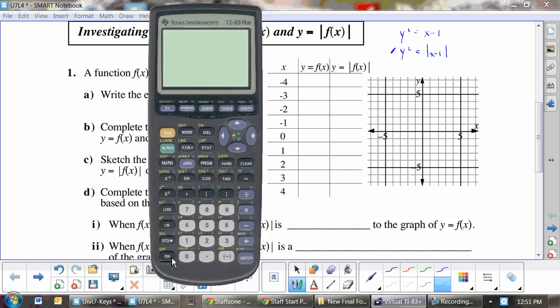And if you can't remember how to find the absolute value, you go to math, over 1, and then 1, x minus 1. And like I said, I'm going to make it a big fat line. Okay, and then you hit graph.